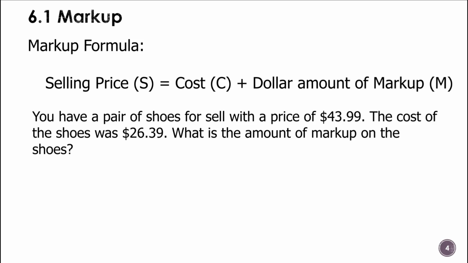And so this one's going to look a little bit different. What's the amount of the markup? So we know the selling price, $43.99. We know the cost, $26.39. And then that is plus the markup amount.